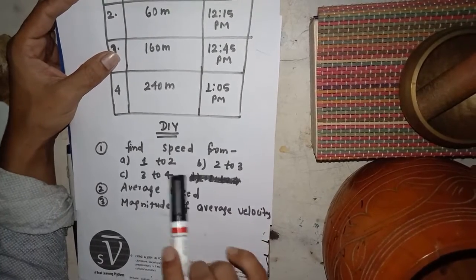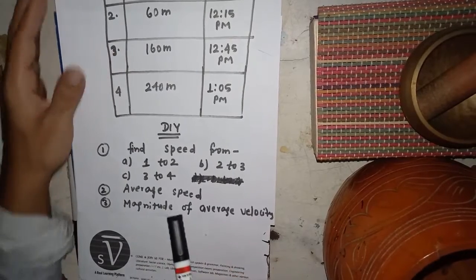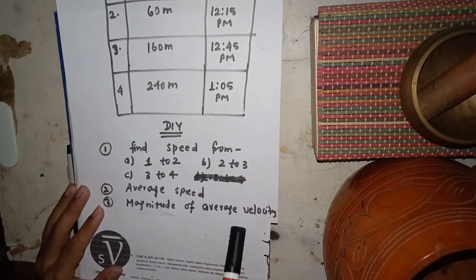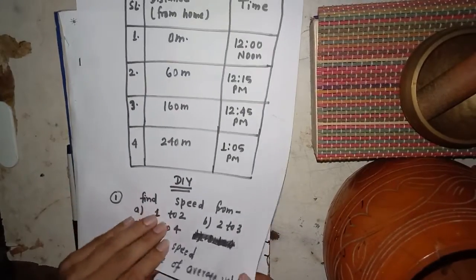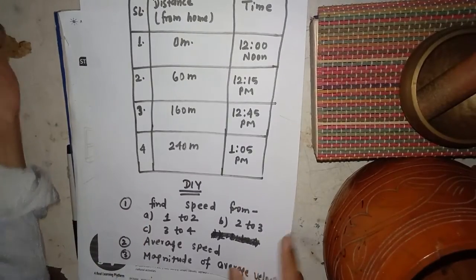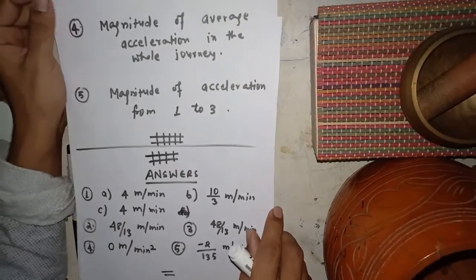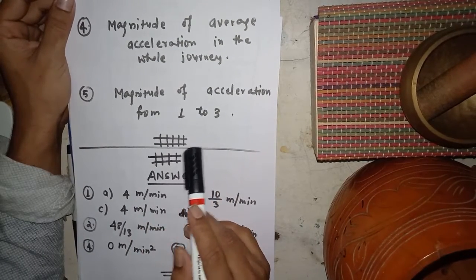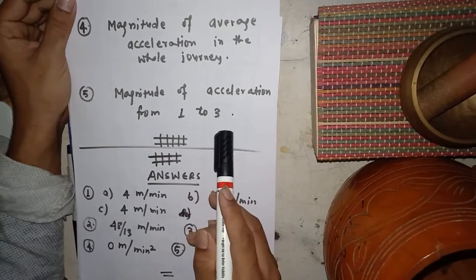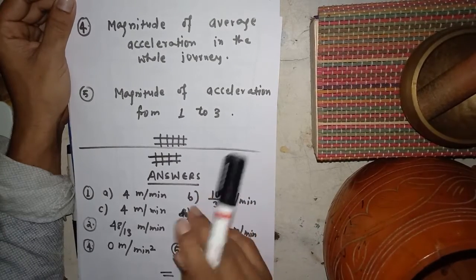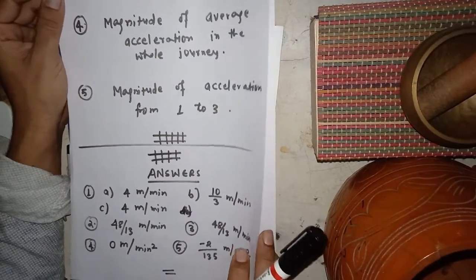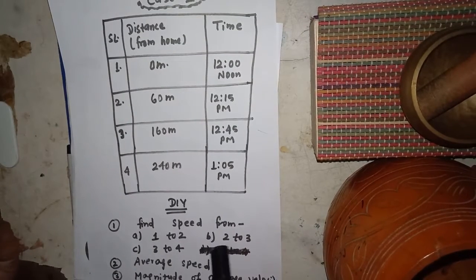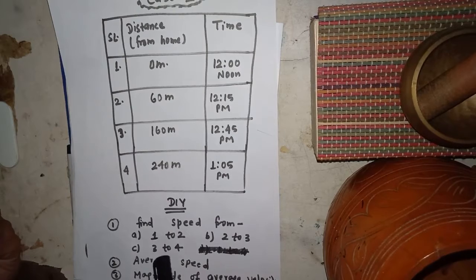First I will give you the questions. Find the speed from 1 to 2, 2 to 3, and 3 to 4.